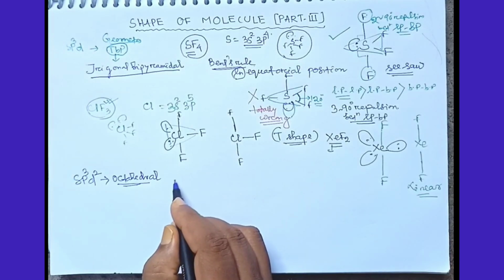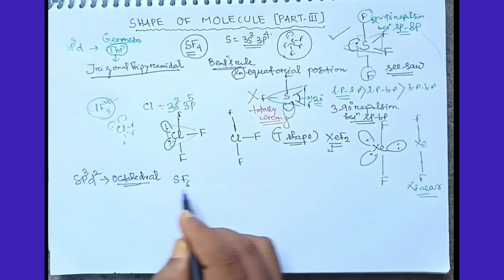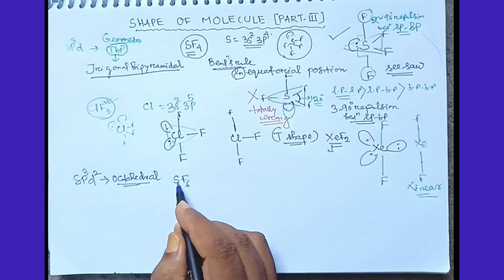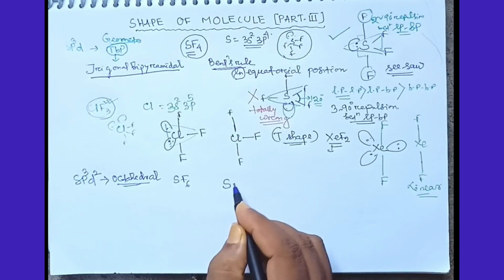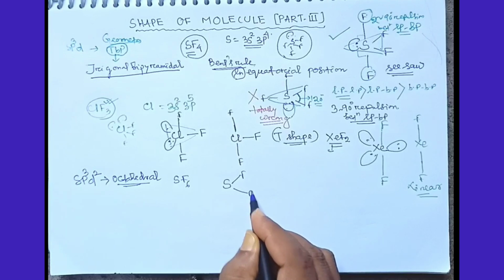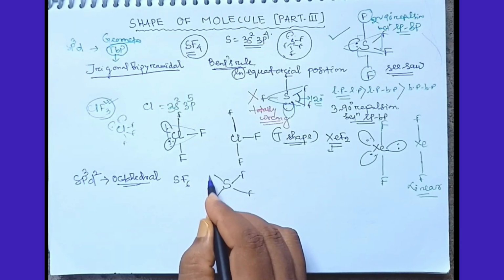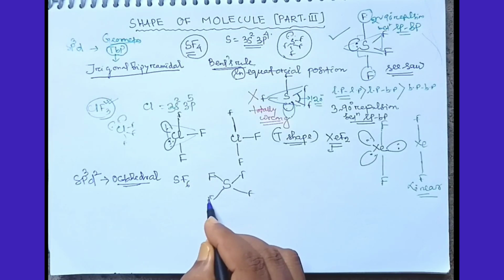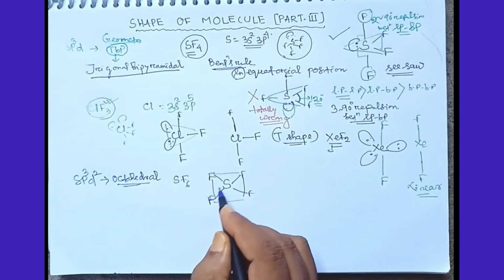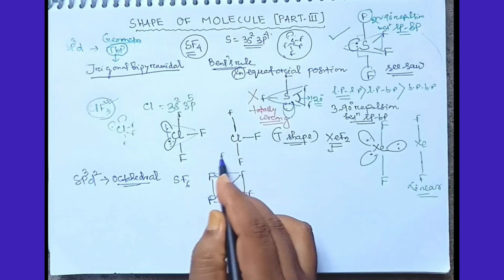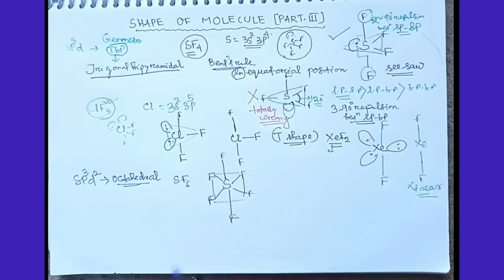For instance, the SF6 molecule. Here the outermost electron configuration is 3s2 3p4, 6 outermost electrons to participate in the bond formation. So what we will do, we will put 4 fluorine atoms in the equatorial plane and 2 fluorine atoms in the axial position.